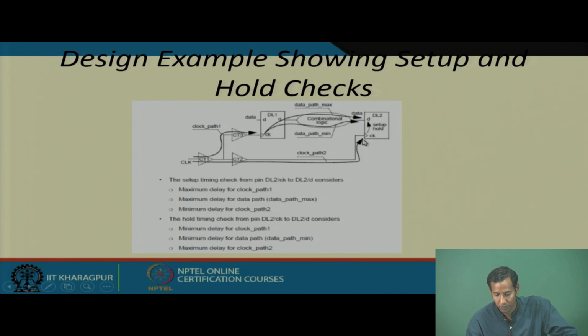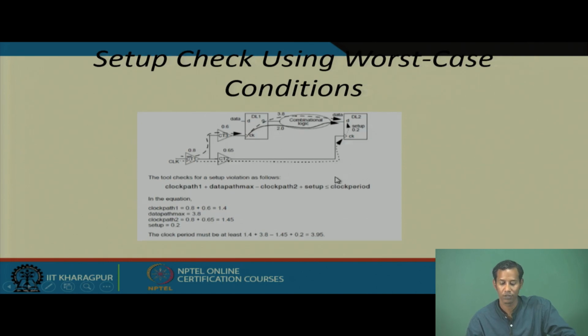And the hold time check will consider the minimum delay for clock path 1, the minimum delay for data path, and the maximum delay for clock path 2. Okay. So, all this it will consider.